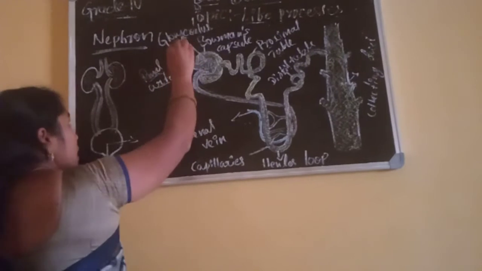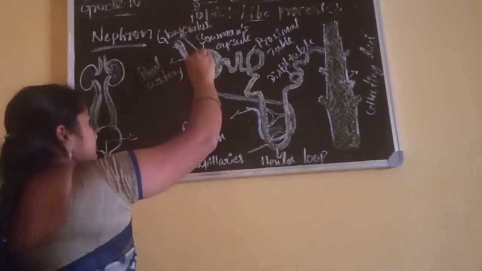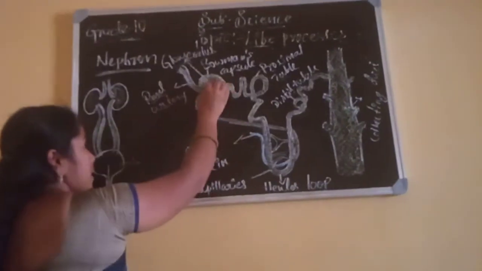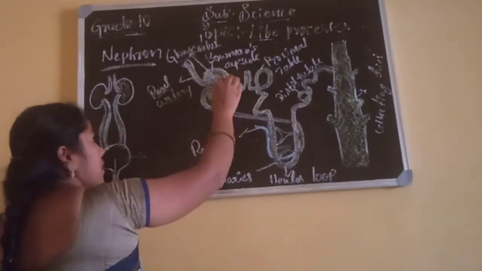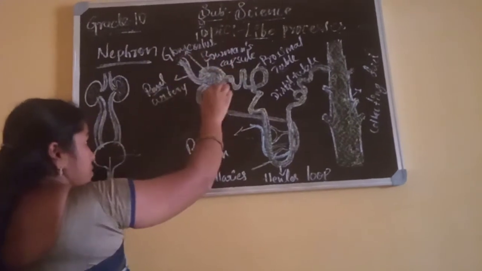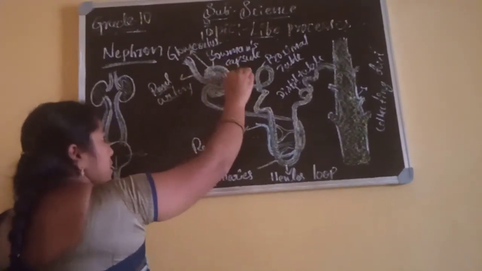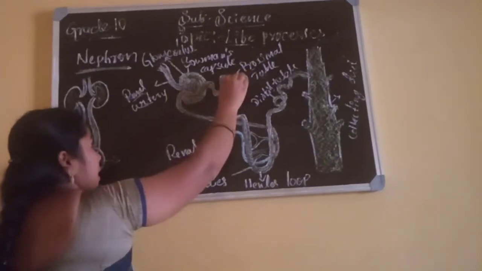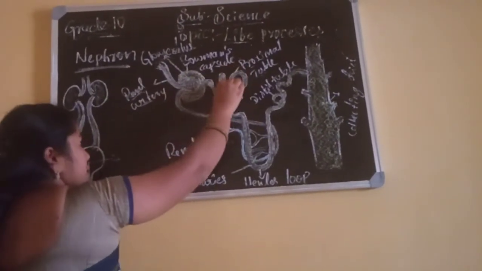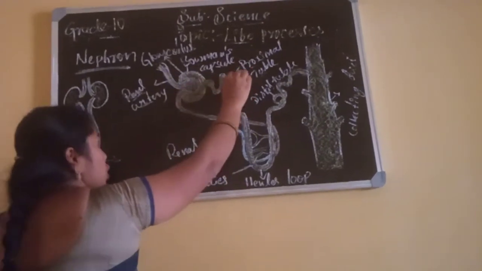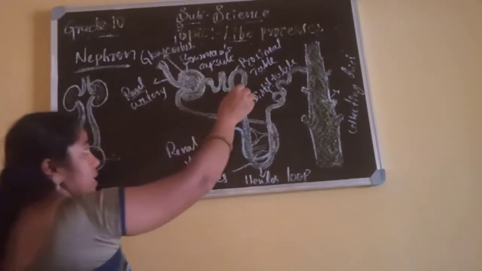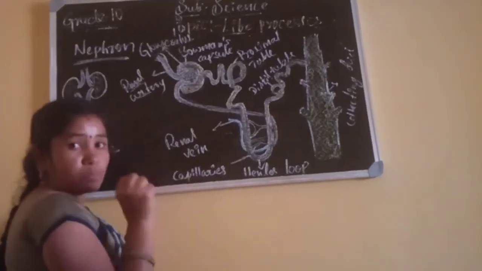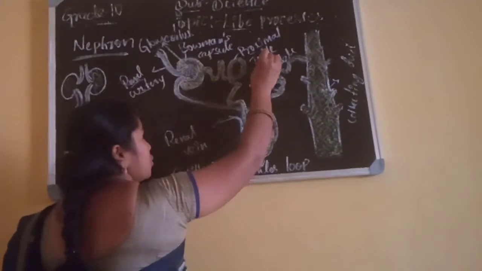Once again I tell you. The pure blood comes and enters the glomerulus. Here ultrafiltration takes place and some unwanted things are released out through the Bowman's capsule. From the Bowman's capsule, those unwanted substances move to the proximal tubule. Here some important substances like glucose, amino acids, some salts and some water are selectively reabsorbed by the proximal tubule.